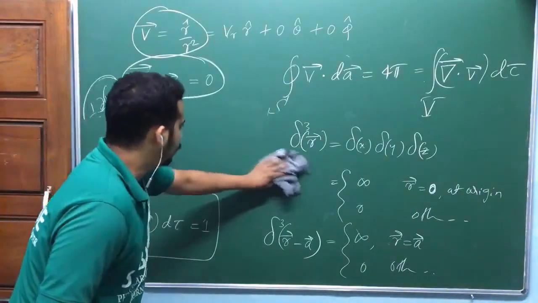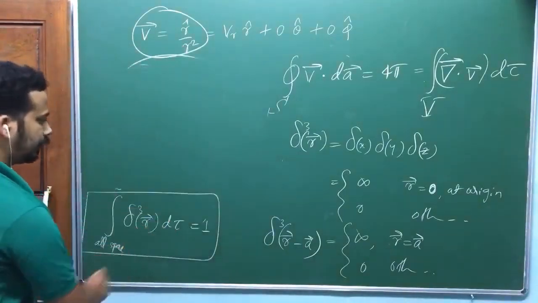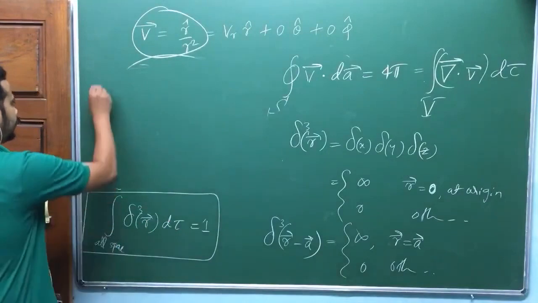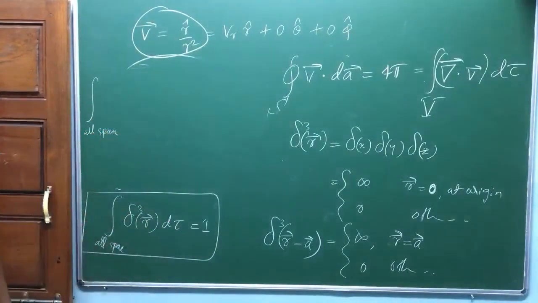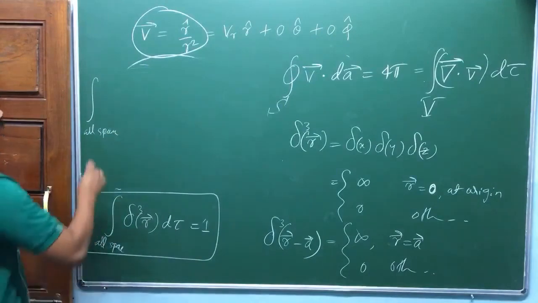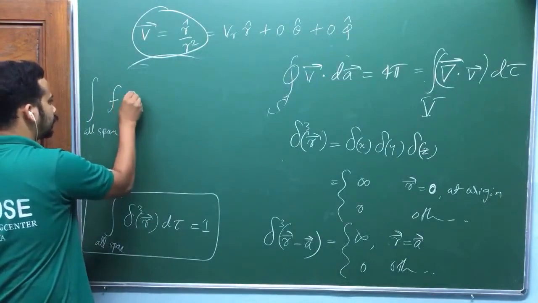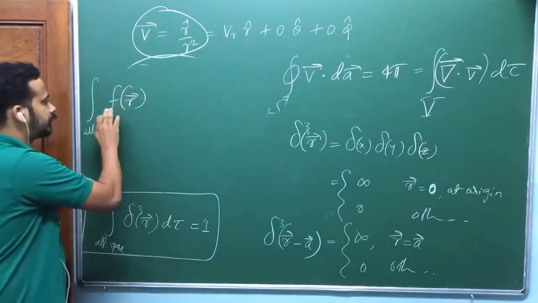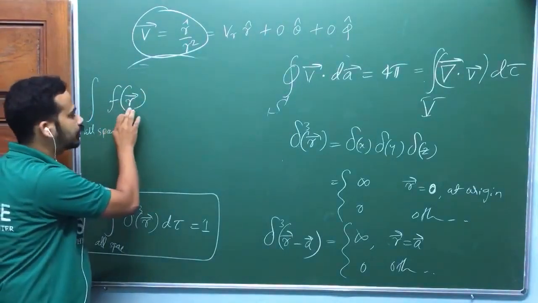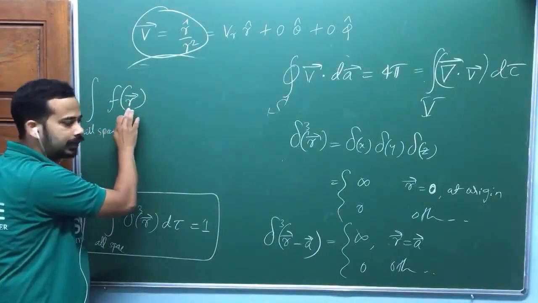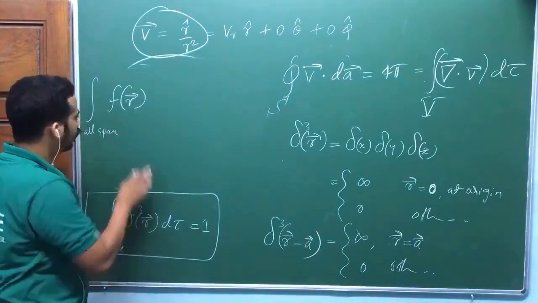Now, as earlier, this Dirac delta follows this property, okay? If you integrate over all space f of r, any scalar function here, where f of r means f is a function of x, y, z, or a function of r, theta, phi, or rho, phi, z, okay?